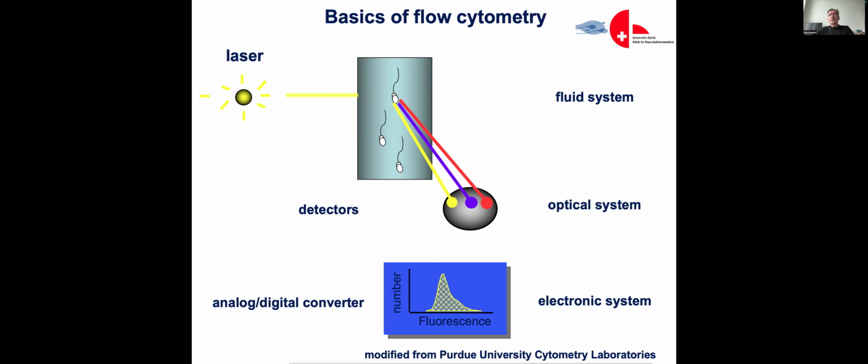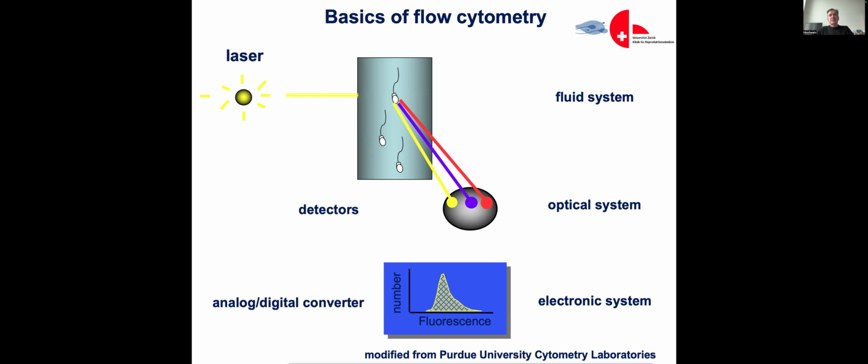And we need a fluidic system where the cells, also the sperm cells, go through, and then they are excited by the laser. You have to do the staining before you give the sperm through the fluidic system. And then there's the optical system with detectors, and you can measure the emission of the fluorescence of these cells.